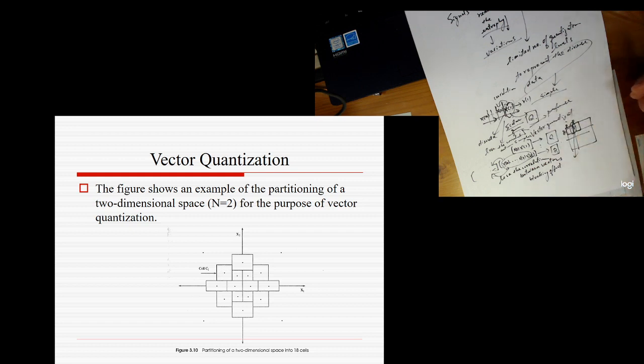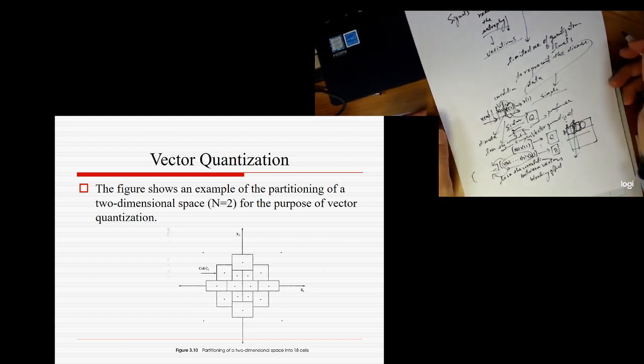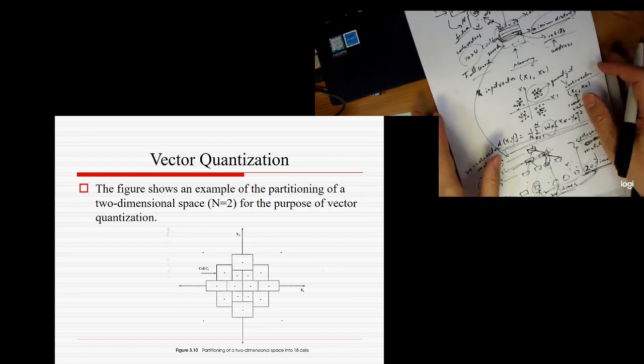Like image processing, if you give the whole image and let it build a model of the original signal, it can do a good job. If you give just a sub-image to build the model, the performance may not be good because the data information is limited. Same idea. Okay, I stop here.